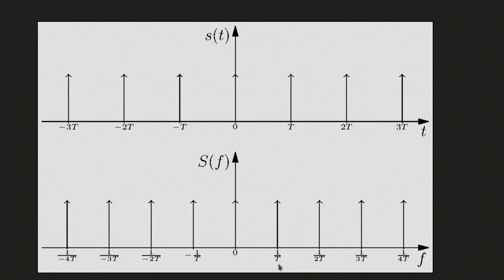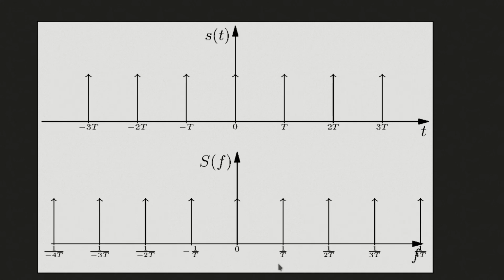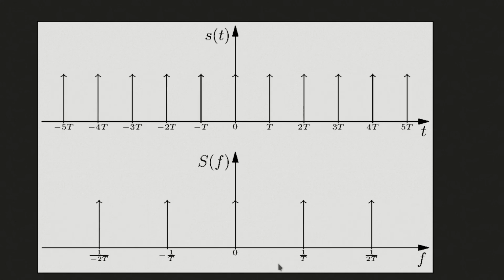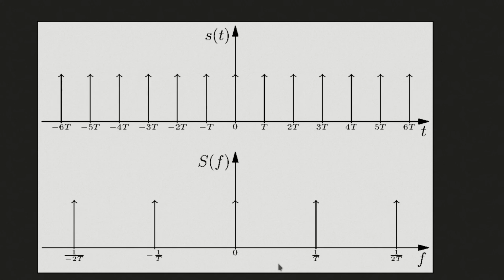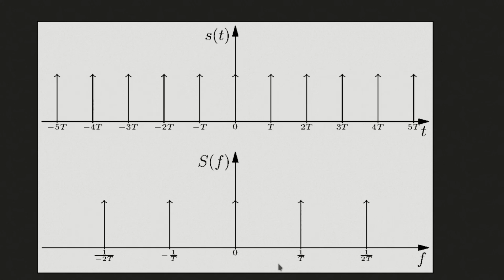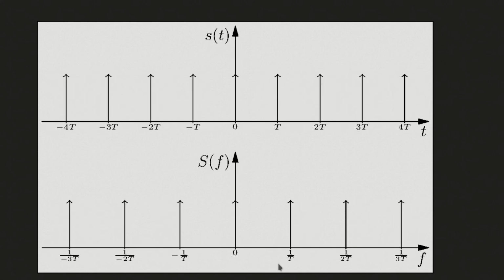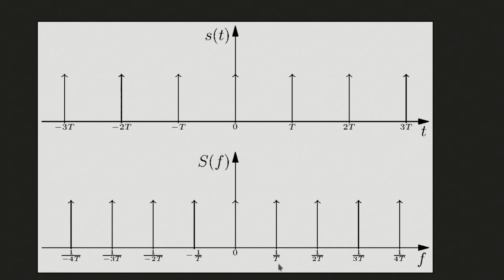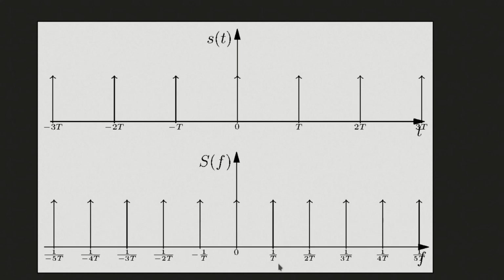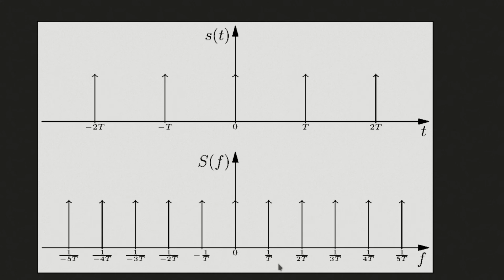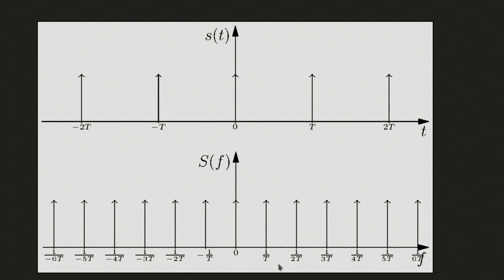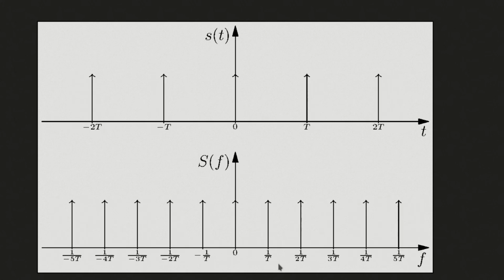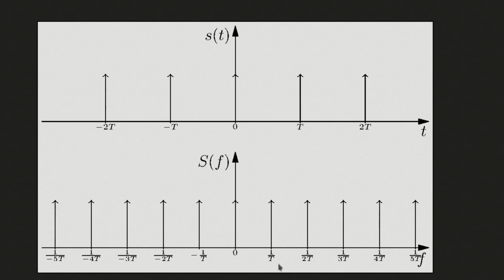This has a direct connection with sampling, because if we define sampling as multiplication with an impulse train, then in the frequency domain, remember that multiplication corresponds to convolution. This convolution of X of f with S of f is going to have a direct bearing on the utility of sampling. This is something we will see in a subsequent video.